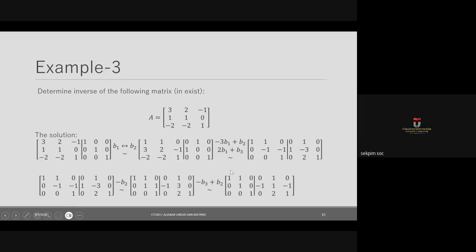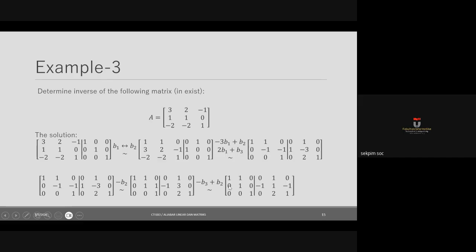0 minus 1 is minus 1, right? It's not identity yet. This is fine for this, right? But for the second column, we still need to make this element 0. In order to do that, guess what operation we can do? The operation we can do is we add, to the first row, minus the second row, because we want to change the first row.